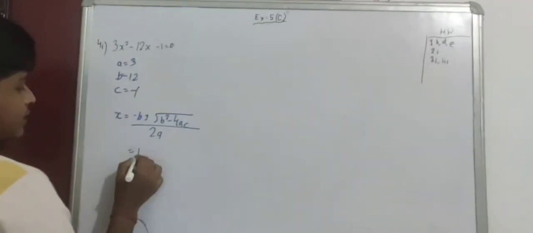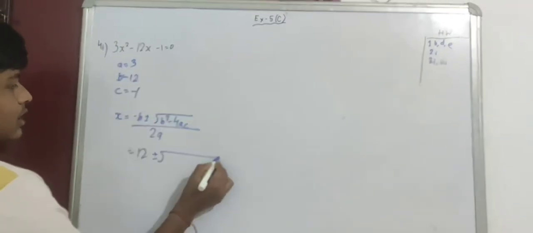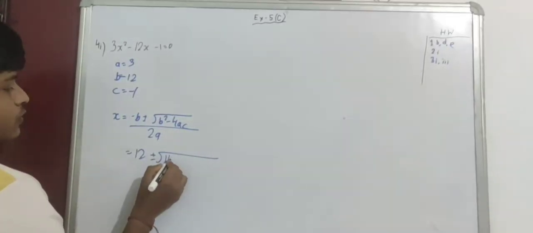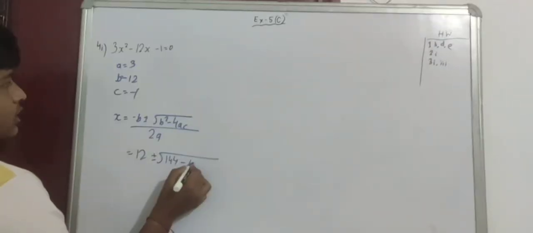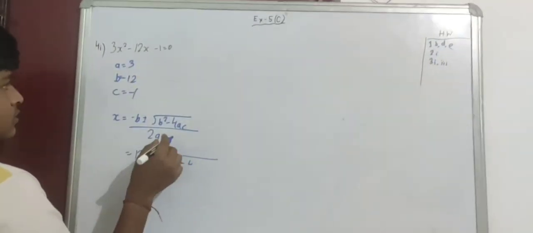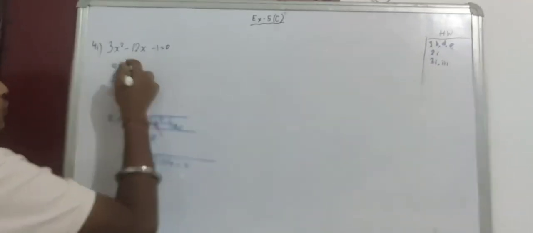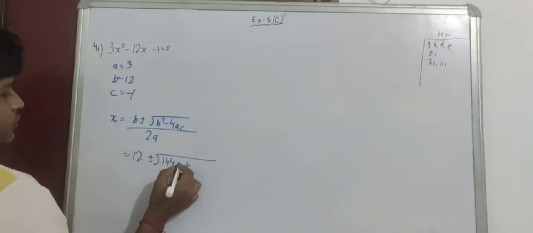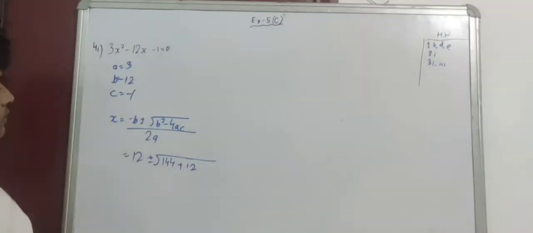So minus b is minus minus 12, that is 12, then plus minus under root b square is 144, minus 4 into 3 into minus 1. Yes, 4 3s are 12, then minus 1. So it will become minus 12. Sorry, plus 12.